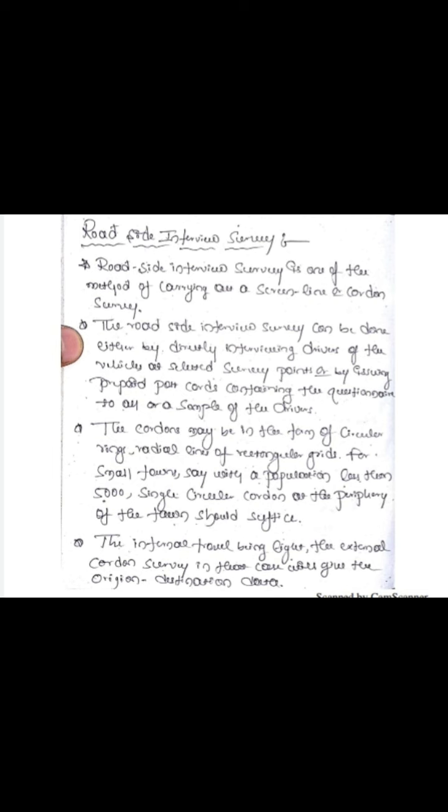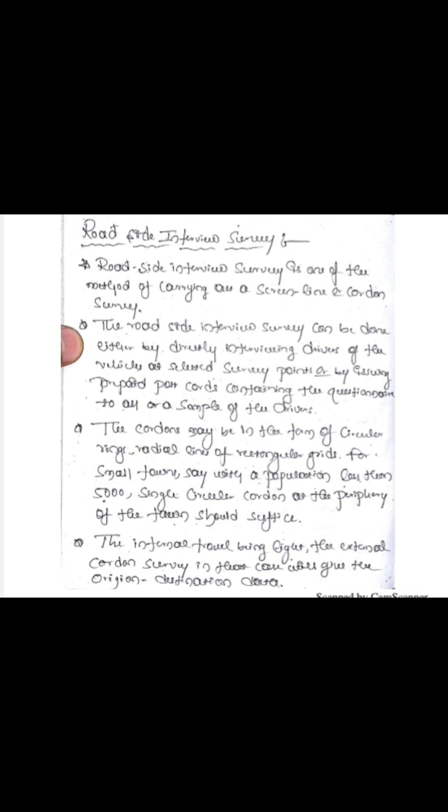Apart from that, roadside interviews are generally possible where interviews can be carried out for the vehicles. Sampling is very necessary, and the number of samples depends upon the number of interviews and the traffic volumes.